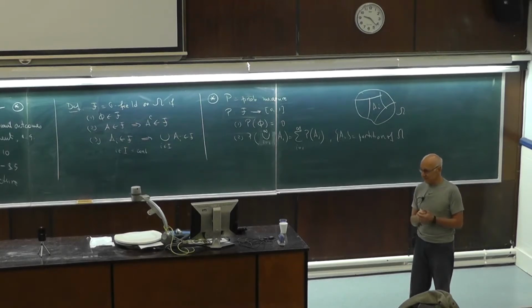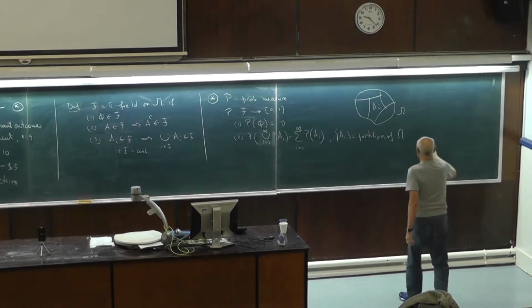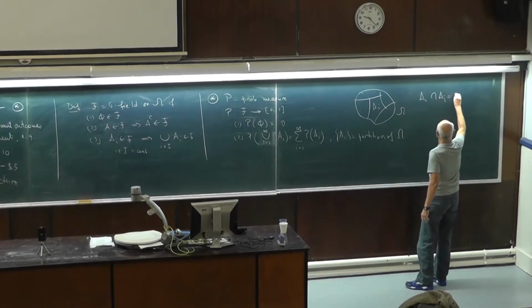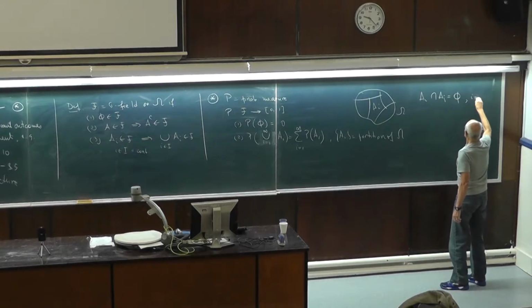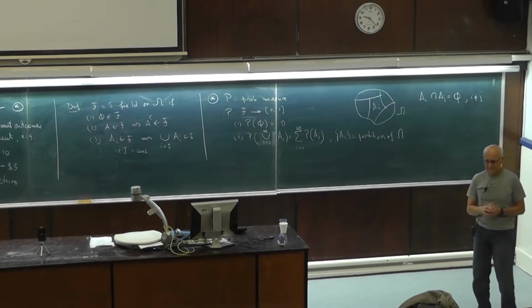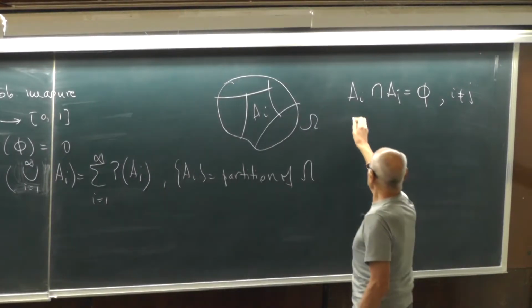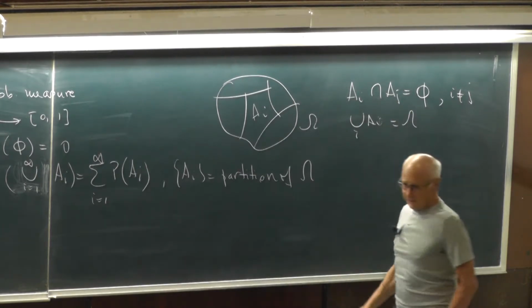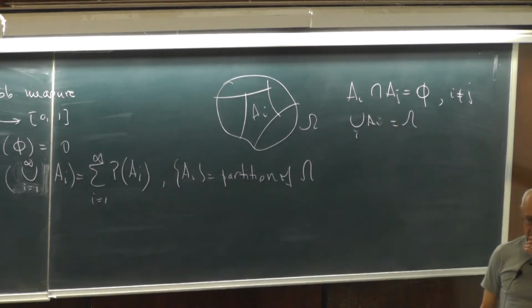They have nothing in common. So they are disjoint. That is, the intersection of two different slices is empty. And the union of all is the whole pizza. Okay? That means a partition.